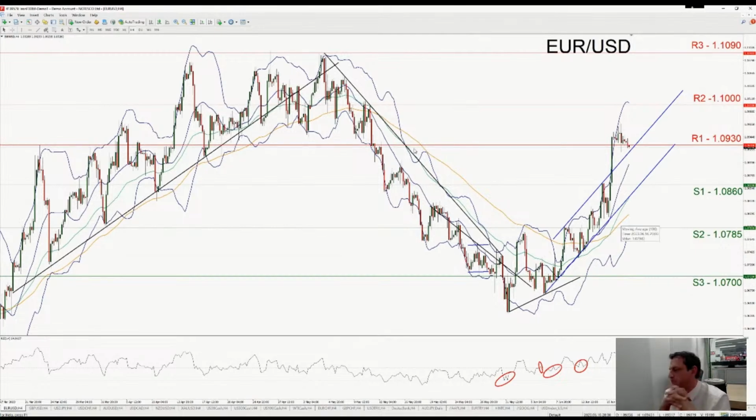That's it. We tend to maintain a bullish outlook for the pair.